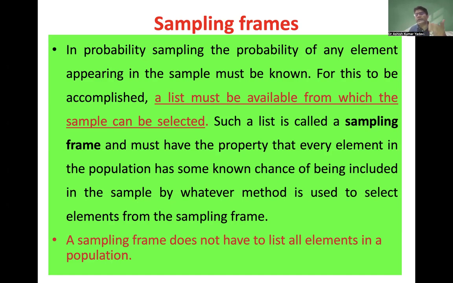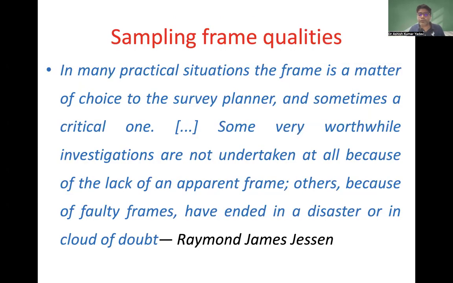In today's world, the majority of people are using mobile phones, smartphones, but not everyone has a smartphone. Sampling frames are very, very vital. If you have not chosen a good sampling frame, your entire research may suffer. But if you have a good sampling frame, your outcome might be worth studying further.